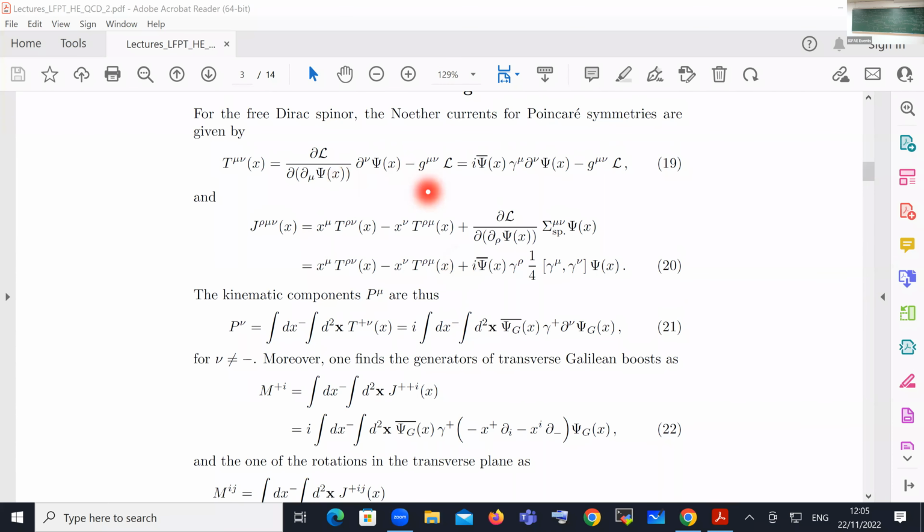Okay, so once we have this, we can just write down, for example, the P plus or P perp component of the charge here. So again, it would require to have a plus component here. So we have mu equal plus, and then we have either nu equal plus or j.